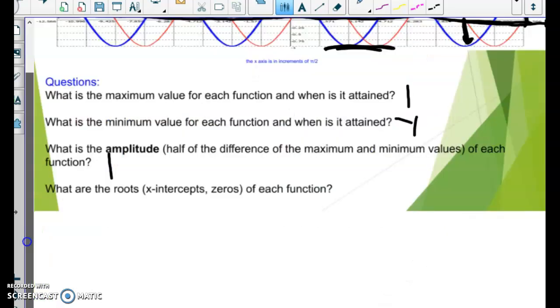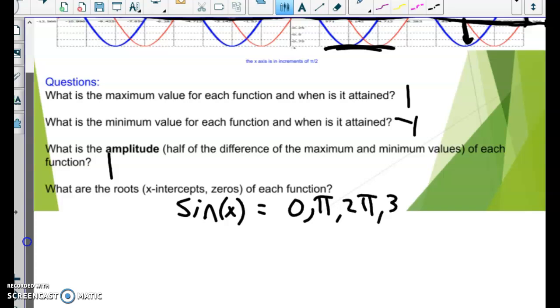What are the roots, x-intercepts, and zeros of the function? Well, for the sine, we know that we get 0, pi, 2 pi, 3 pi. And if we wanted to say all of them, we could say 0 plus pi n, where n is a positive or negative number.